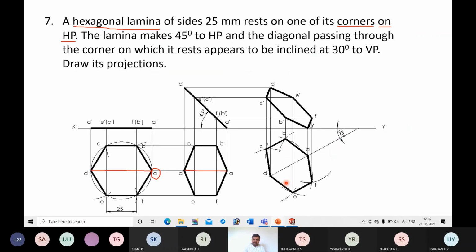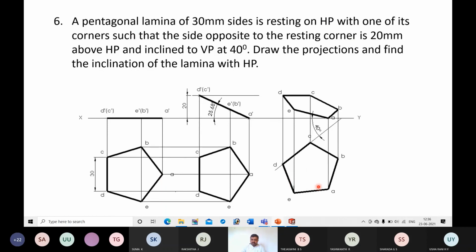Okay. If you consider this solution, here you can see in this problem they have not specified any condition whether resting side should be nearer to observer or this corner should be nearer, that is not specified. So we can either redraw this view such that A will be downwards or A upwards. It is not an issue in this problem.